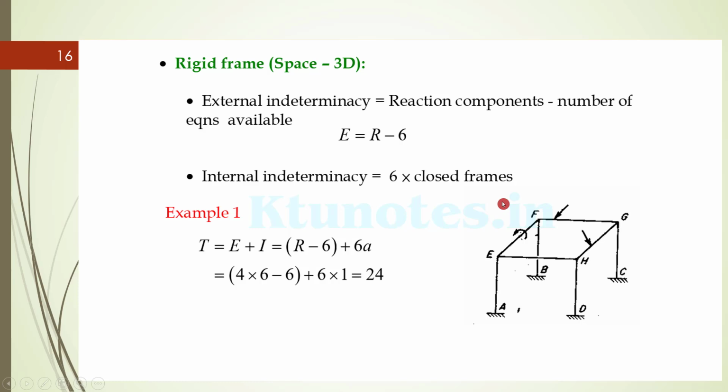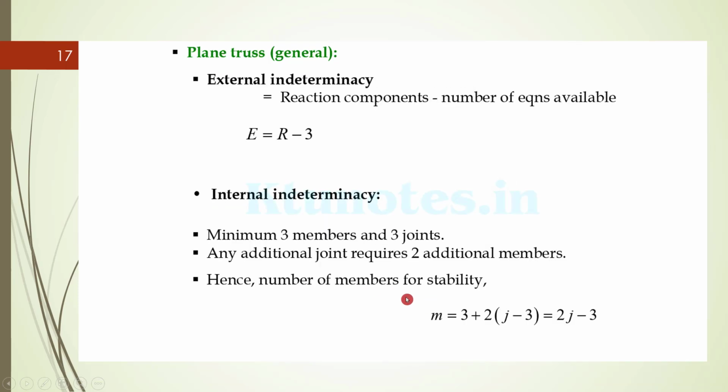Previously it was 3 into closed frames. So for this example, t is equal to e plus i is equal to r minus 6 plus 6 into a. Suppose there are 6 unknowns in space, 6 unknowns in space, 6, 6. So 4 into 6 will be 24 minus 6 plus 6 into 1, as this is treated as a single closed frame. So it is equal to 24.